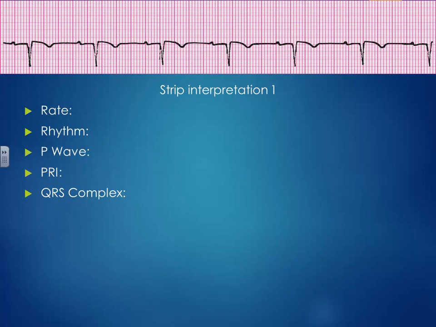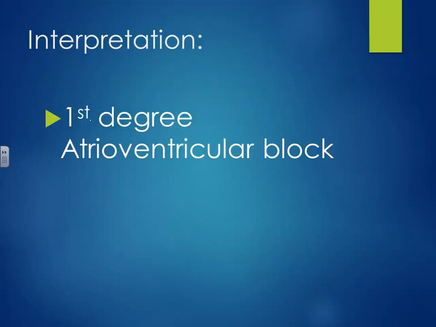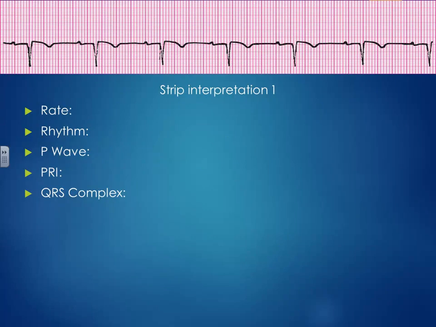All right. So what's our rate here? You got a rate of 70? Oh, there's your answer. I was trying to write on it. Rate of 70. Is your rhythm regular or irregular?